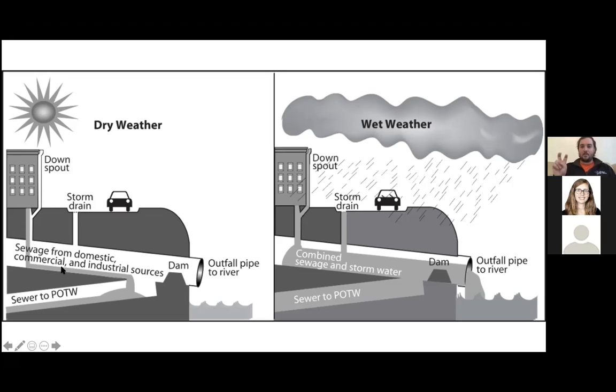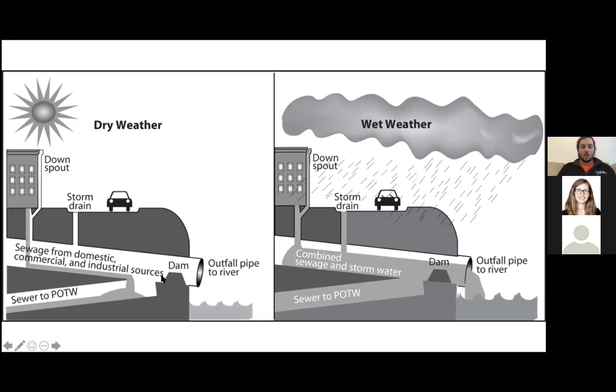So that's why it's called a combined sewer system. Your storm water becomes sewage water because it just mixes in with all the poop water, and is equally contaminated and needs to be treated in the same way.